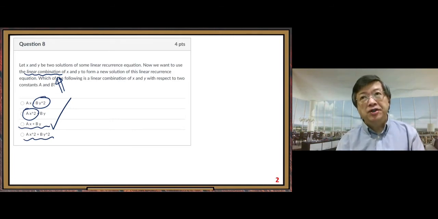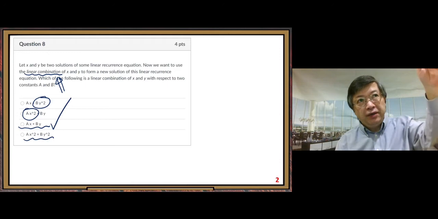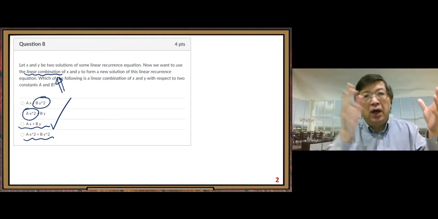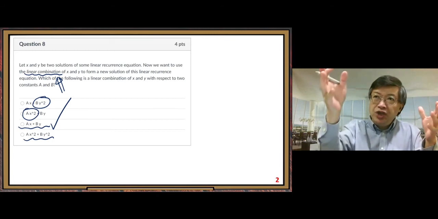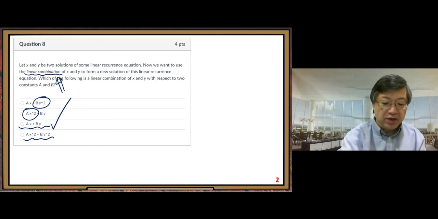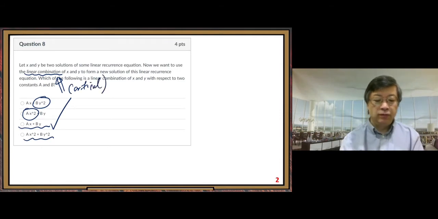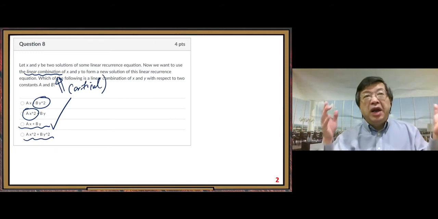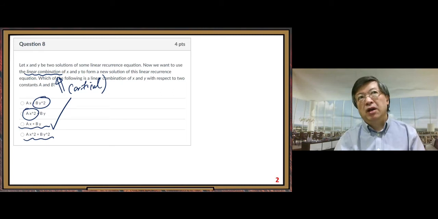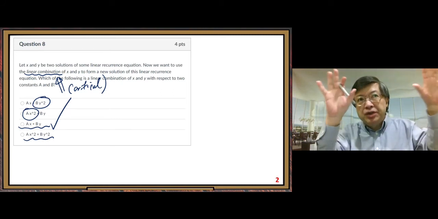It is a simple concept, but in that video, we try to find the solution for that second order homogeneous linear recurrence relation. This concept plays a critical role, very important. Otherwise, we cannot get the general solution. We have two special solutions.